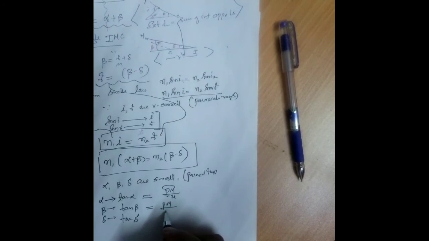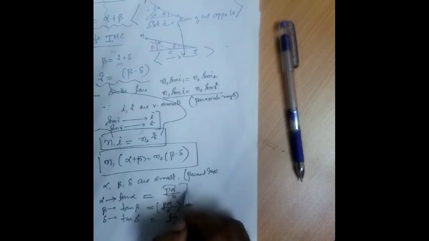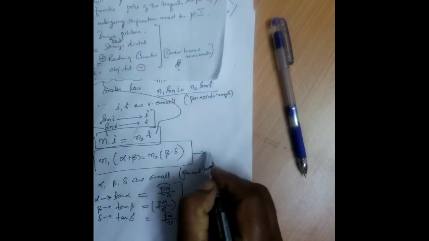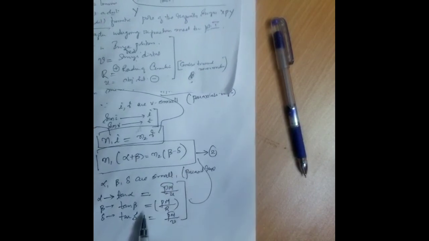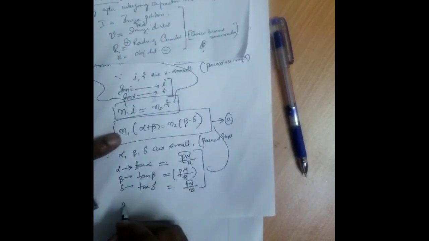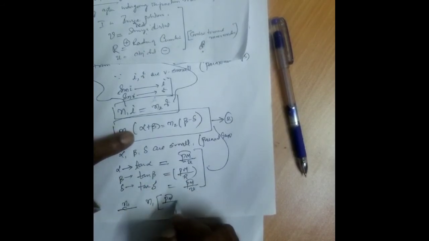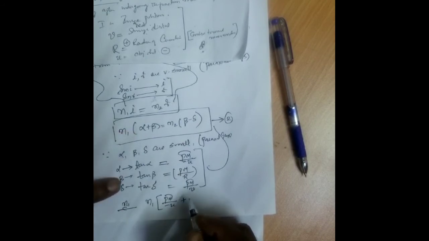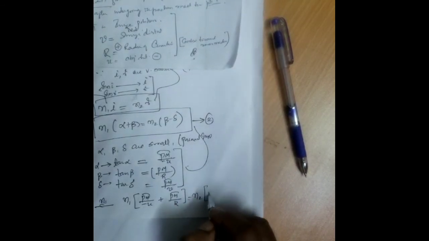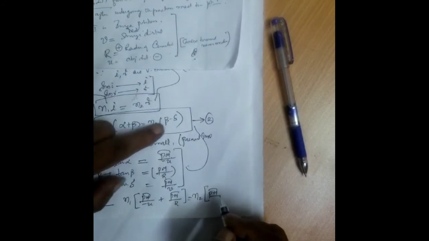PM by R. Similarly, you'll get PM by V. This you substitute here in this equation. Alpha is replaced by what? N1 alpha is PM by minus U, plus beta is PM by R, is equal to N2 times beta is PM by R, minus delta is PM by V.